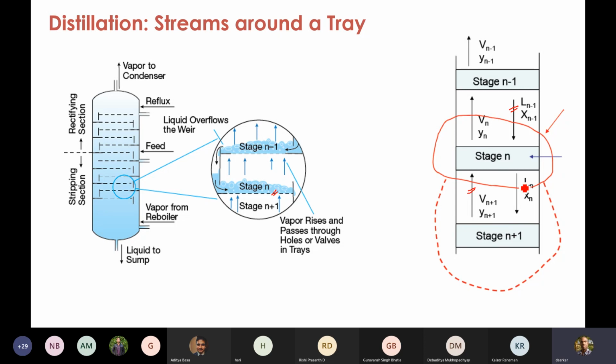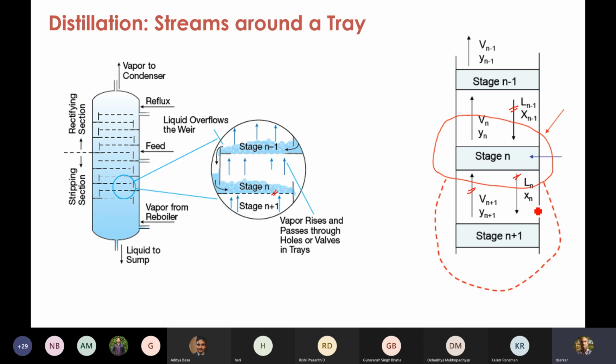The liquid stream and the vapor streams carry as their subscript the tray where they are originating from. So this stream is leaving stage n, so it is represented as Ln. So Ln is the molar flow rate of the liquid stream that is coming from the stage n.